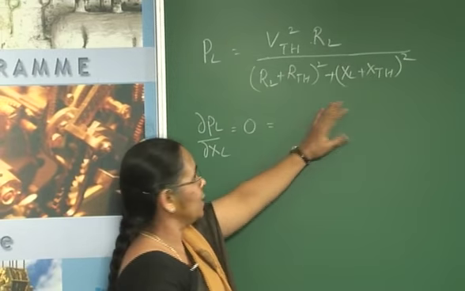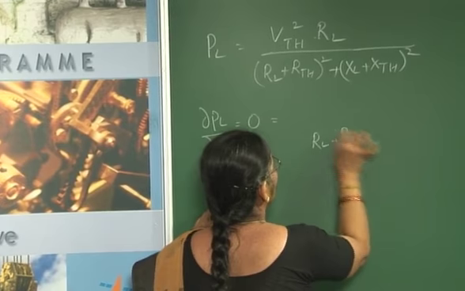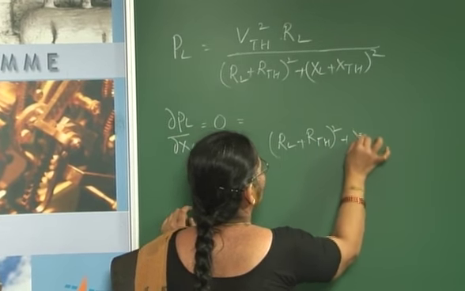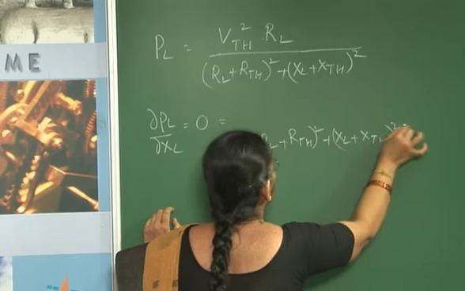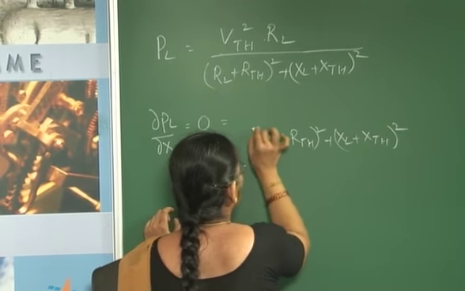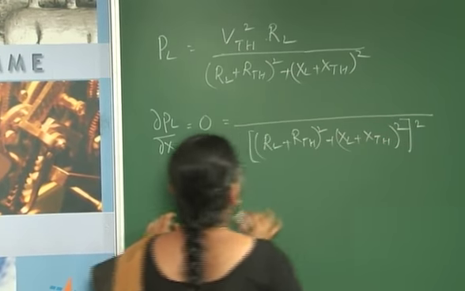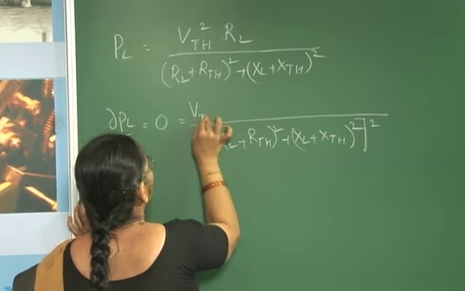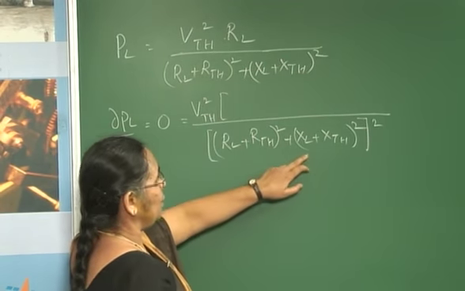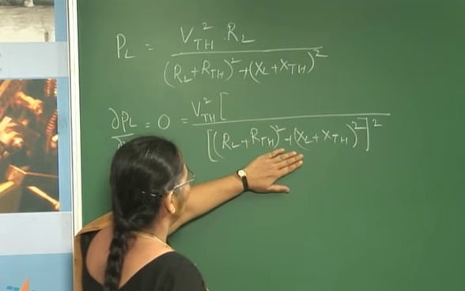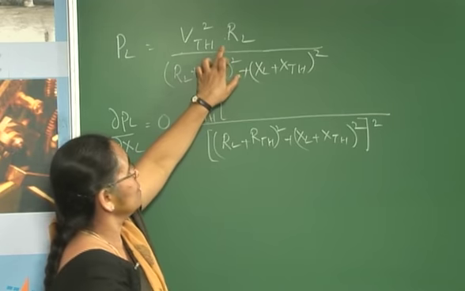In the denominator we have RL plus R Thevenin square plus XL plus X Thevenin square, this whole square, and in the numerator you have V Thevenin square as it is. First, keeping the denominator as it is, differentiate the numerator.